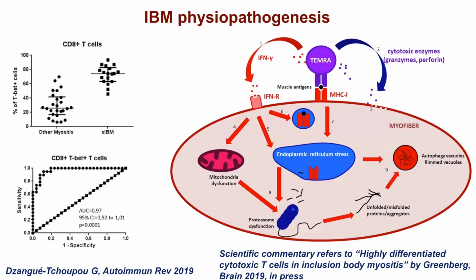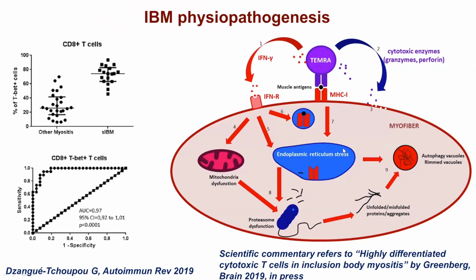For instance, the ones we can observe during chronic viral infections such as HIV infection. And Steve Greenberg also described some marker of these CD8 cells, which is KLRG1, a protein at the surface of these CD8 cells.